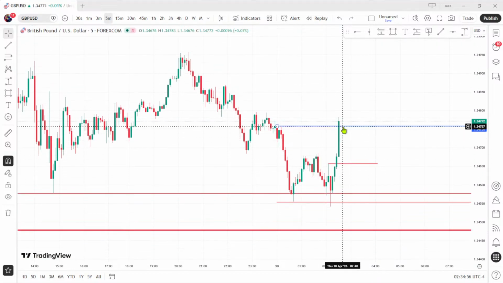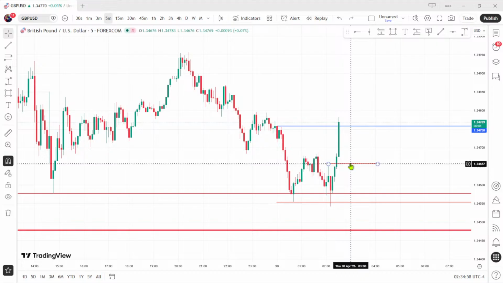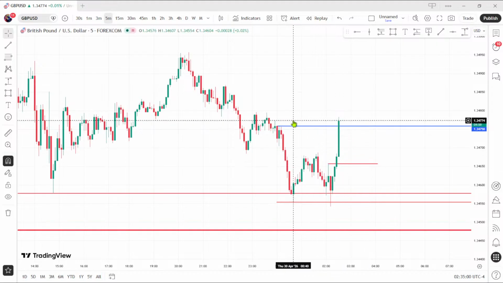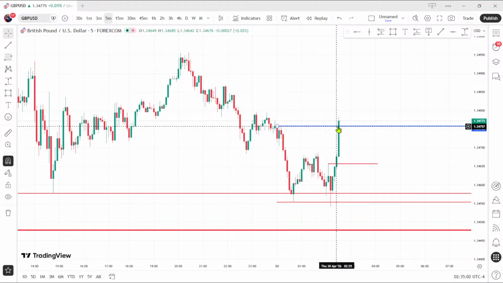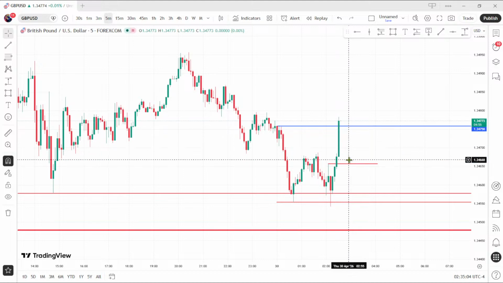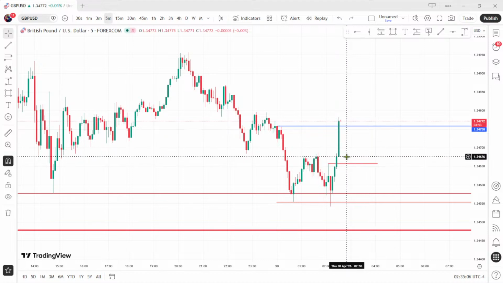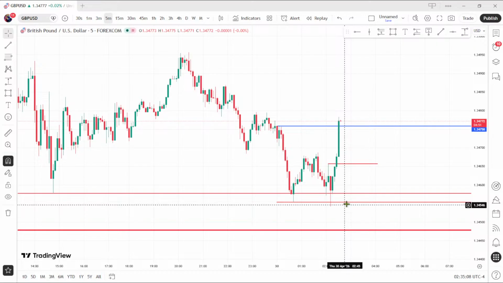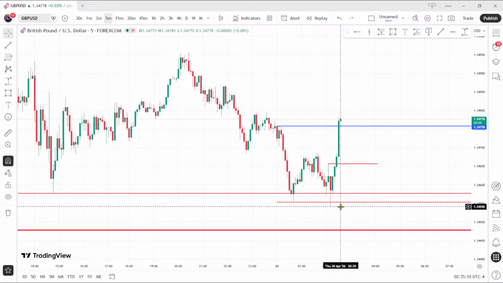Price can come, consolidate, then start retracing down to a fair value gap, but a stop loss you want to put here below this.